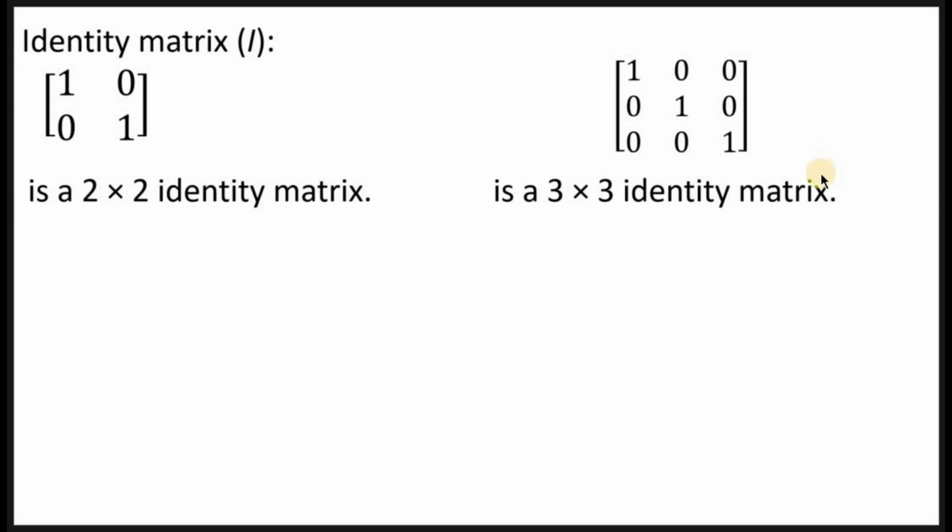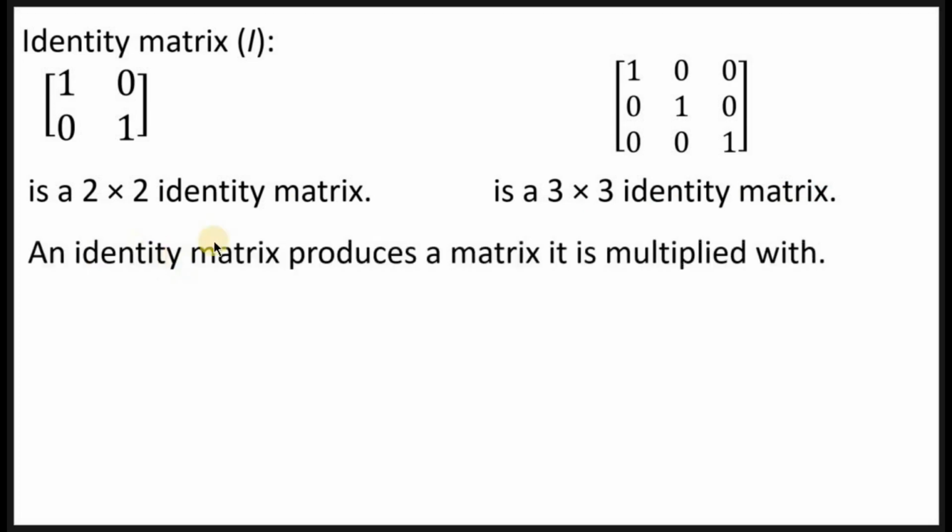What you must understand is that an identity matrix reproduces the matrix it is multiplied with. These are the concepts, guys, that you must take care of when a statement or a theory is given. That theory is what you take as a concept, because this is a concept we are giving you: an identity matrix reproduces the matrix it is multiplied with.